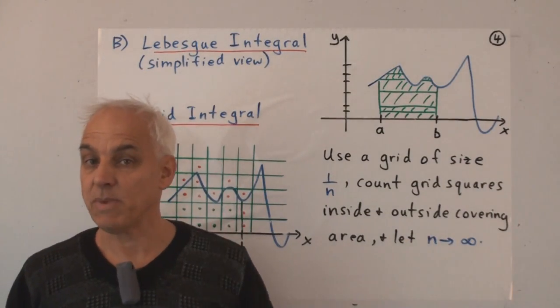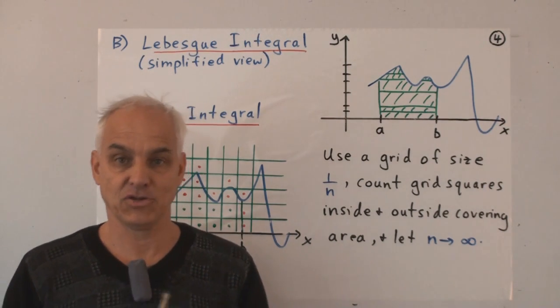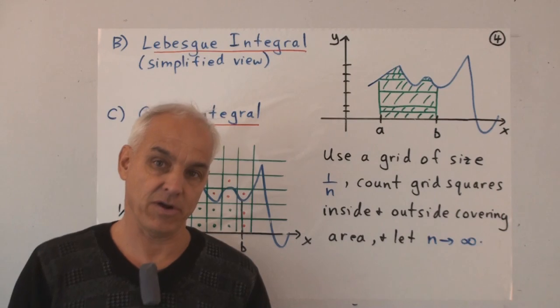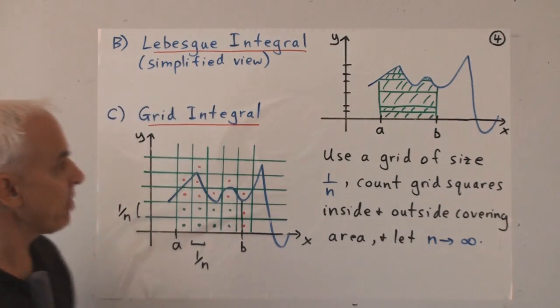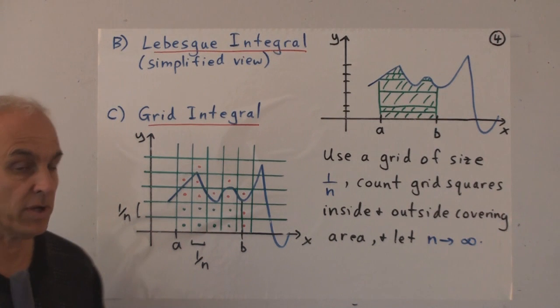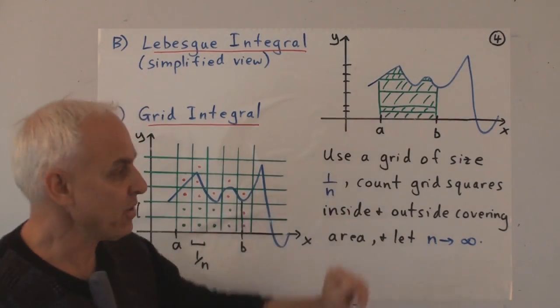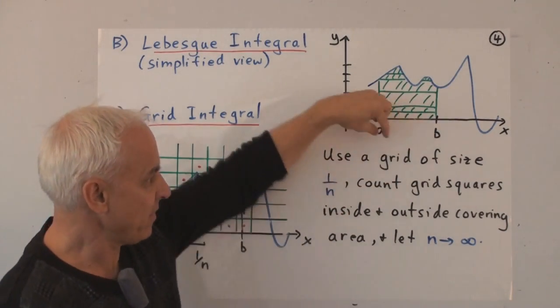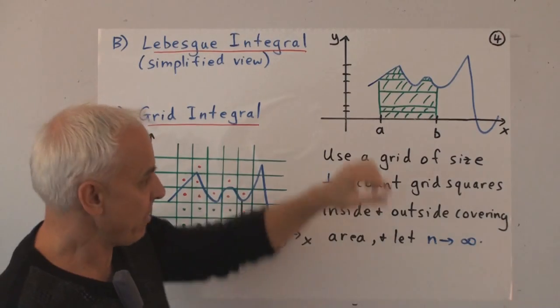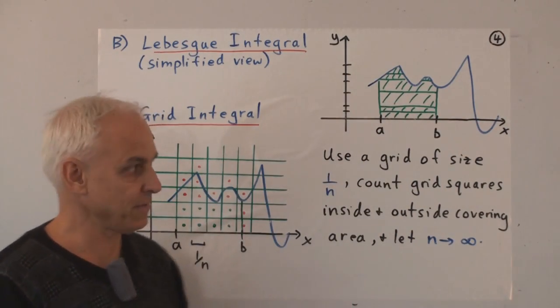But the Riemann integral is by no means the only possible approach to defining an integral using the idea of areas. There's a somewhat more sophisticated version of the integral due to a 19th century mathematician, Lebesgue, where one essentially slices the region not with a lot of rectangles going up and down, but rather with slices going across, left to right.